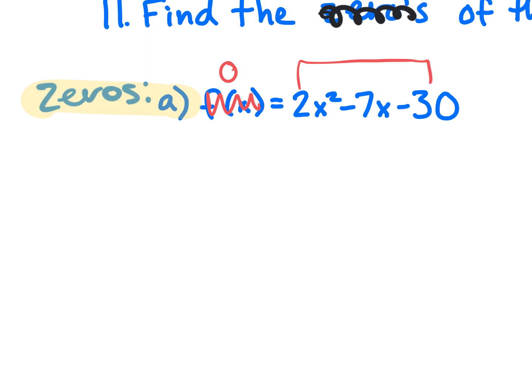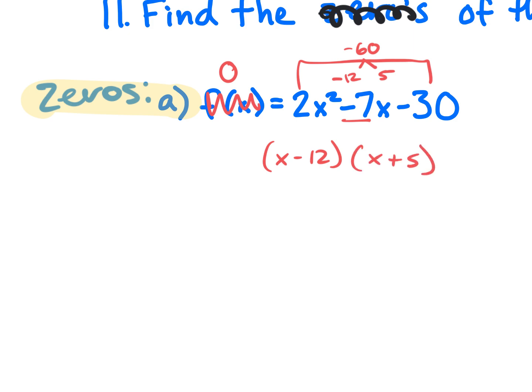Since our leading coefficient's not 1, we multiply 2 times negative 30. We get negative 60. What are two factors of negative 60 that add to negative 7? Perfect, 12 and 5, and it's negative 12. So x minus 12 and x plus 5.